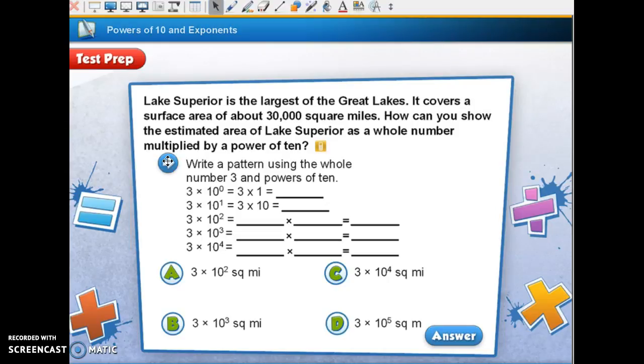What are you asked to find? Okay, so I need to show 30,000 as a whole number multiplied by a power of 10. That's what you need to write there up at the top.